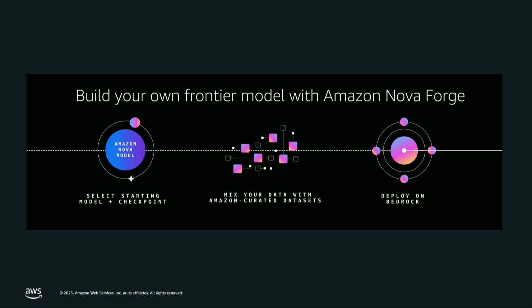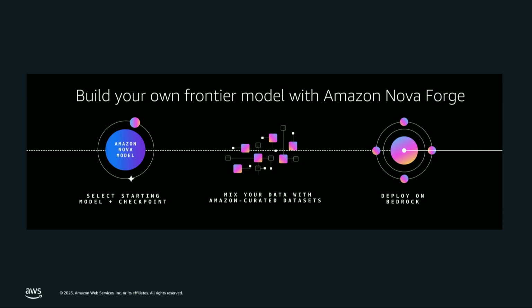Apart from the base model launches, we also released something called Nova Forge, which is basically an open training concept where you get not just the base model or the recipes for customization, but you also get intermediate checkpoints of Nova, which you can use to get started with your customization. Until now, you only could use the final checkpoint, which was the production model that everybody would have access to.